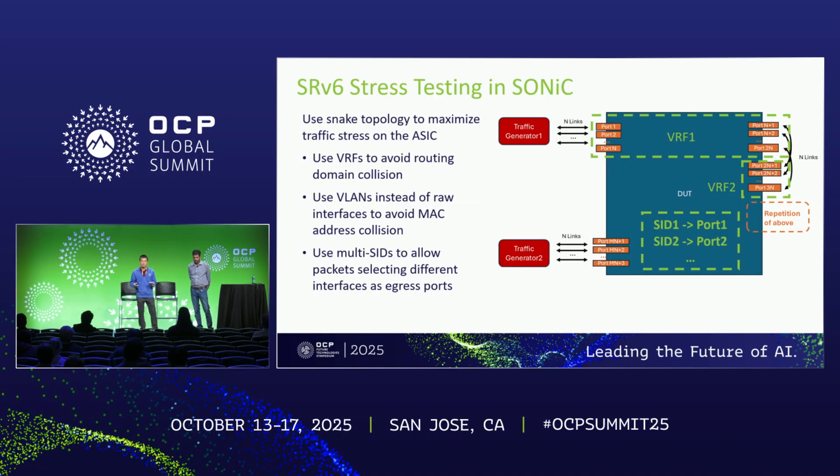With all this setup, we were able to fully saturate the switch ASIC bandwidth with only one traffic generator in our lab. If we do port-to-port testing, we actually need 8 traffic generators. So that's an 8x cost saving.